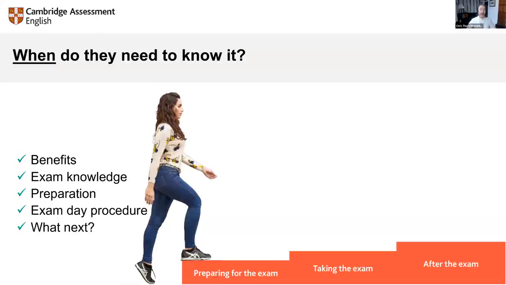Now, as I'd say with any part of teaching, it's really useful to have a plan of when you're going to do stuff. But having said that, it's essential to keep your ears open and to remain responsive to your learners' questions and to their needs. So if someone has a particular question, it's helpful if they can get an answer to that question as soon as possible.